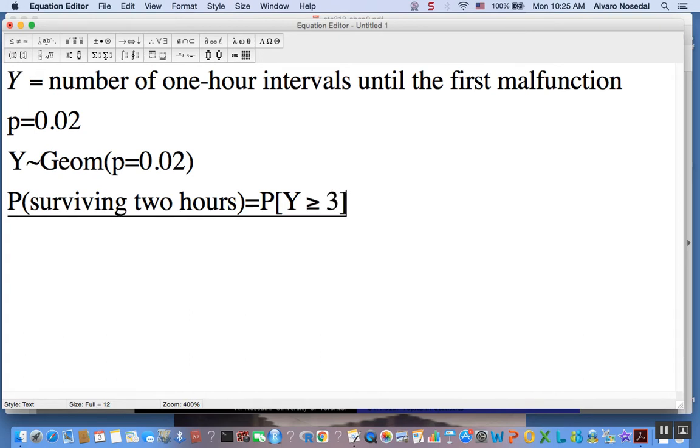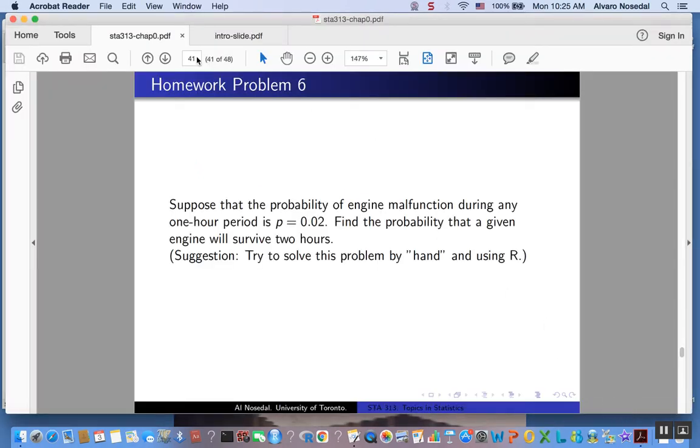If y is 3 or 4 or 5 or so on, that means that the first malfunction took place after the first 2 hours. Make sense?